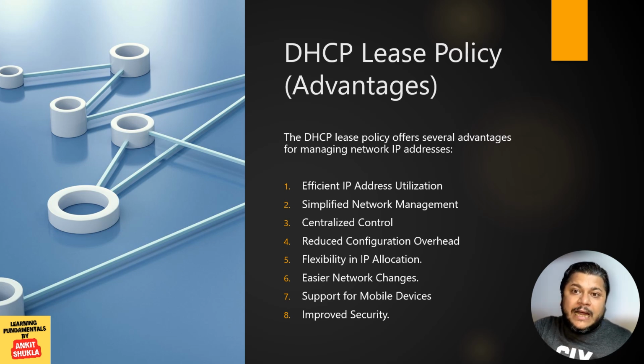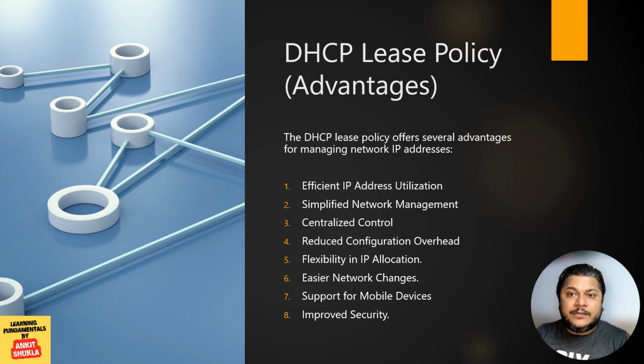Centralized control: administrators can configure lease policies centrally from the DHCP servers, allowing for consistent management across the network. Reduced configuration overhead: devices automatically receive their network settings like IP address, subnet mask, gateway, DNS servers, etc. from the DHCP servers, and it saves time and effort compared to manual configuration.